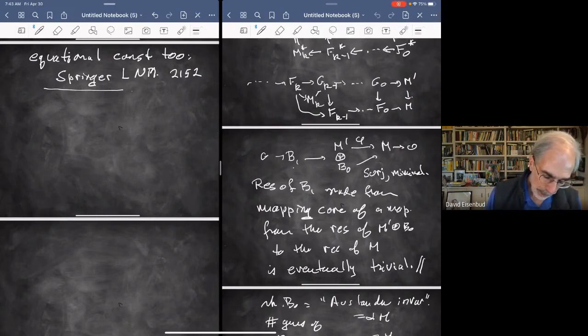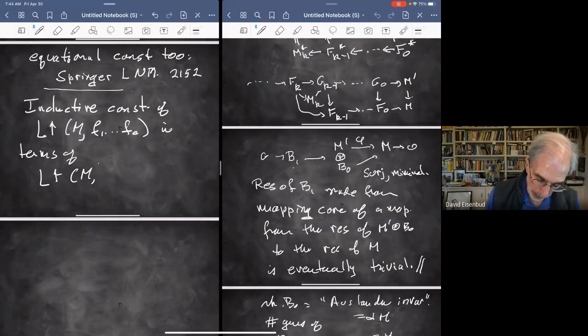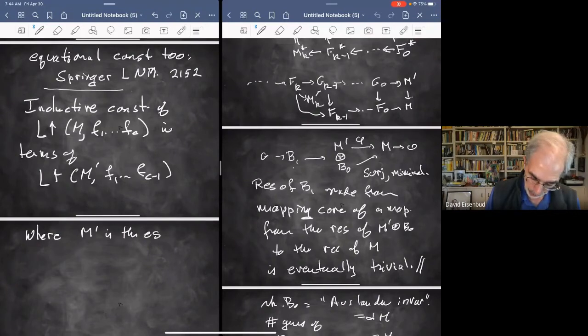So it's going to be an inductive construction of L upper of M, F1 up to Fc, in terms of the thing with codimension 1 less, of course, L upper of M prime, F1 up to Fc minus 1, where M prime is the essential Cohen-Macaulay approximation.